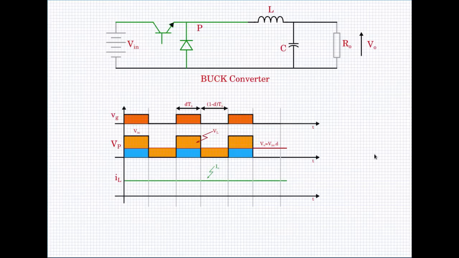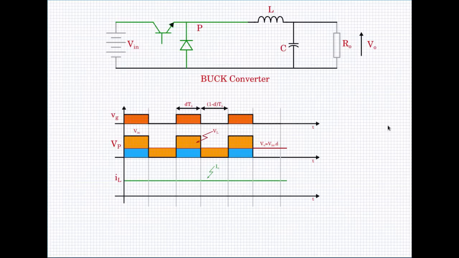And now how will be the current through the inductor? When the transistor Q is on, the voltage here is V in and the voltage here is V0. So in the steady state, V in minus V0 is applied across the inductor.